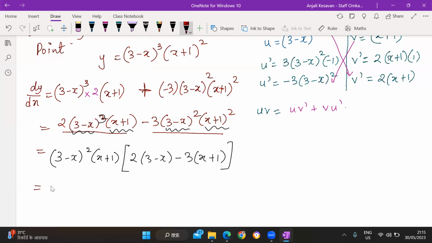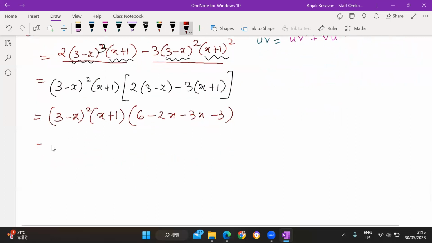Now expand this bracket. 3 minus x the whole square times x plus 1 times 2 times 3, 6 minus 2x minus 3x minus 3. Simplify this further. What do we get? 3 minus x the whole square times x plus 1 times 6 minus 3 is 3, negative 2x minus 3x is negative 5x.